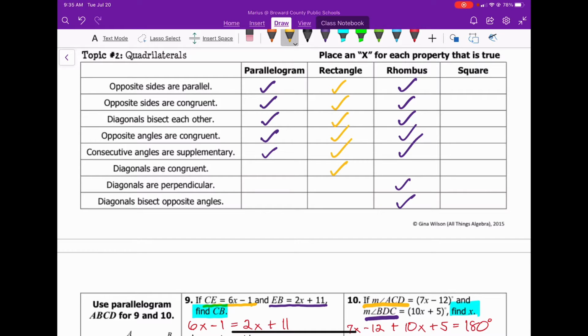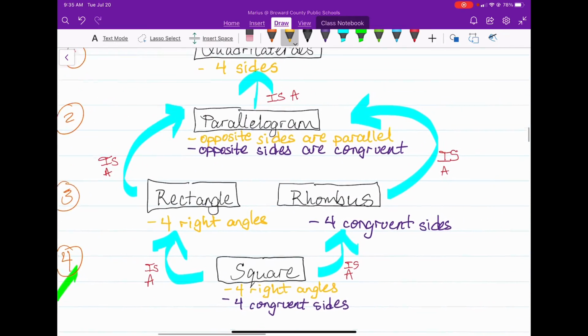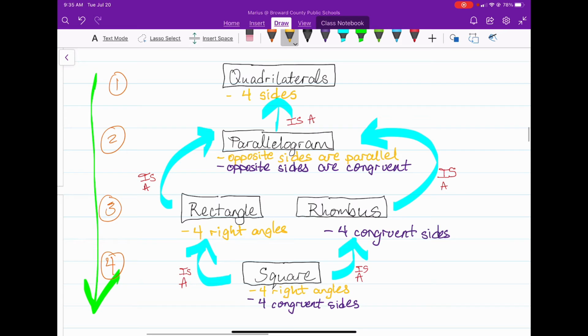Now, just as a reminder, as I've done with the other videos, I just want to take a look at this chart here. A square shares all of the characteristics of everything above it. The characteristics of a rectangle, a rhombus, a parallelogram, and a quadrilateral. A square is all of those things.